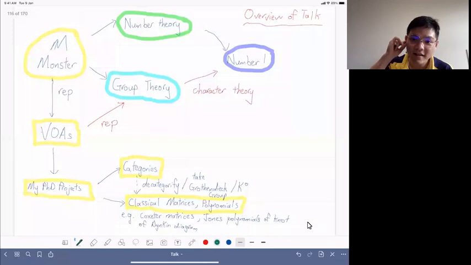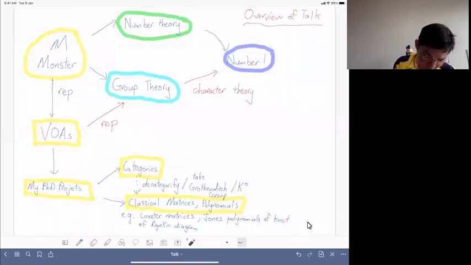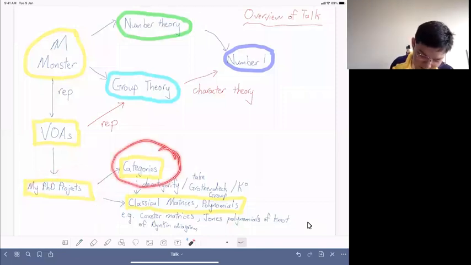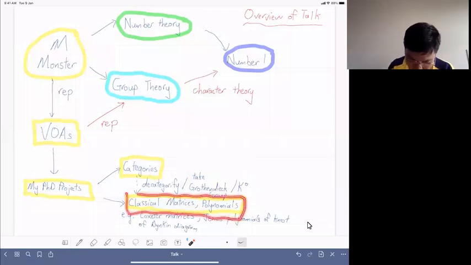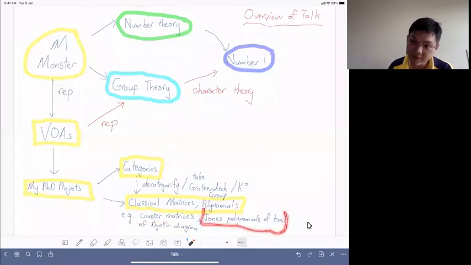So basically, I'll give an overview of the talk: how I came across this monster group. My PhD project is mostly dealing with categories that, after you decategorify or take the Grothendieck group, give you some classical matrices or polynomials, for example the Coxeter matrix or the Jones polynomials.